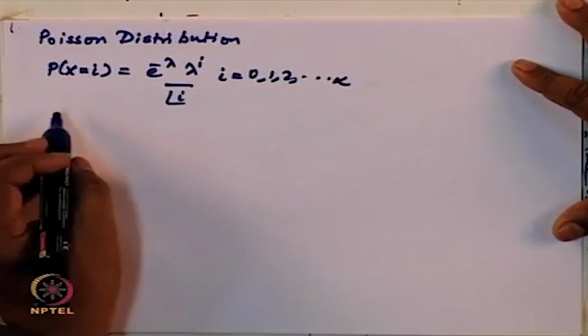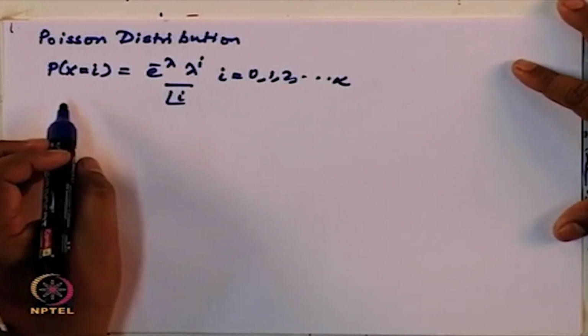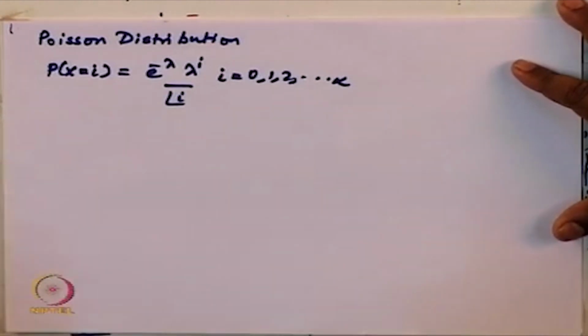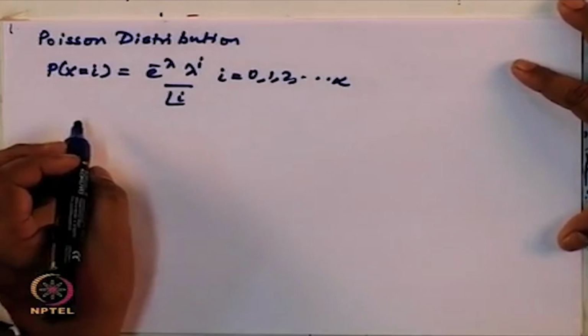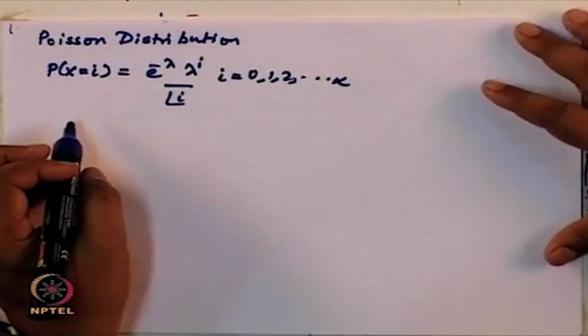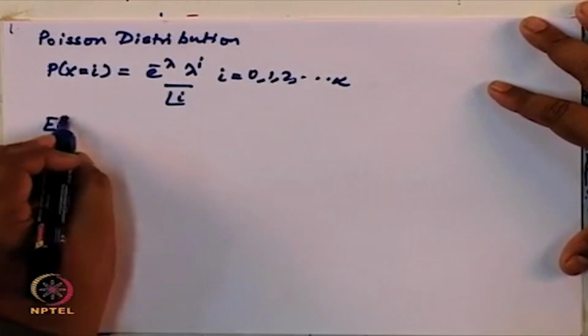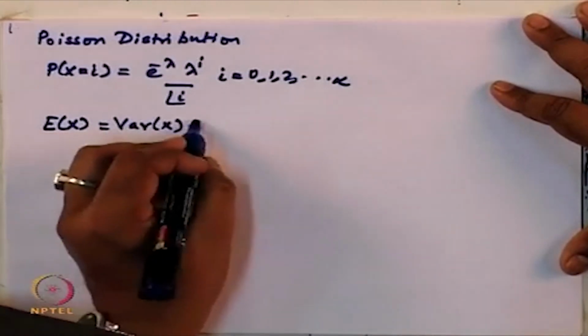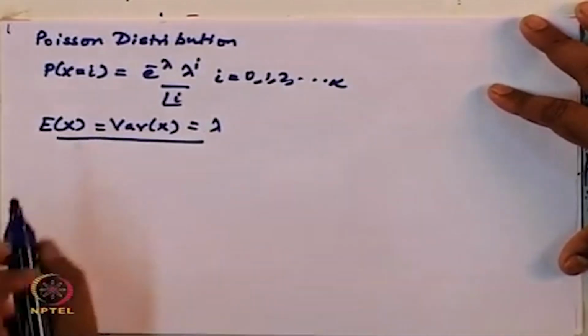The Poisson random variable is a discrete random variable, but it can go up to very high values. And what we had demonstrated in the last class was that for the Poisson distribution, your expectation and variance both return a value of lambda.